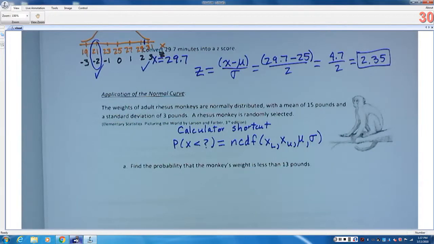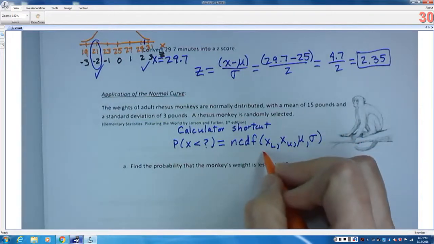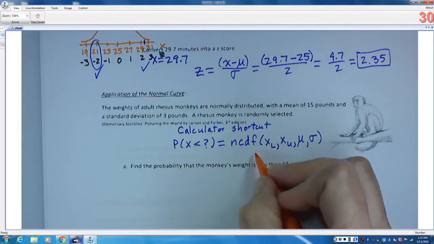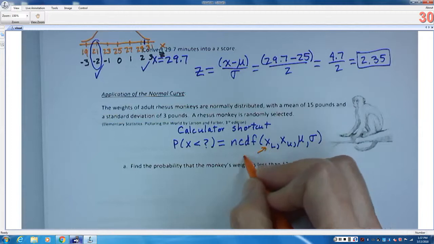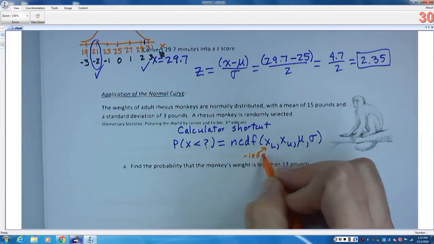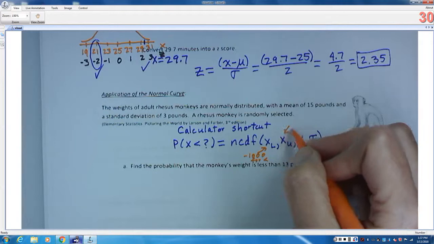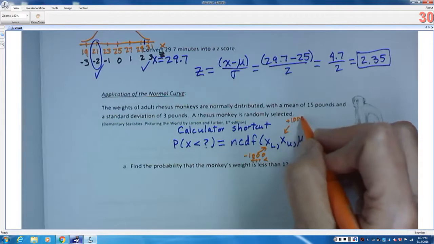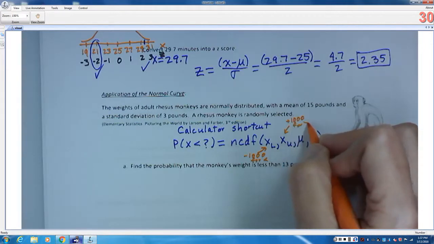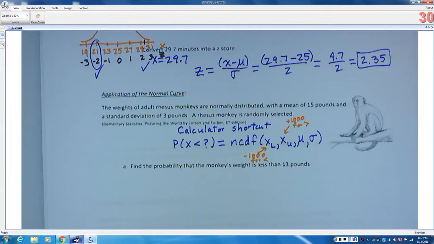So you can use it. It just depends on the problem whether you can use negative. Sometimes I'll use negative 1,000 for less than, and positive 1,000 for greater than. But it has to depend on the problem.